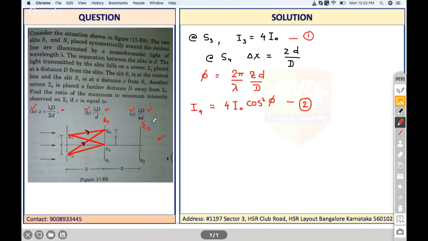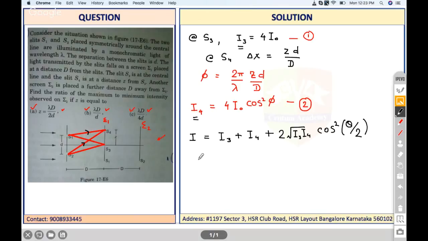But if it is not 0, then I have to use this formula: I equals I3 plus I4 plus 2 times the square root of I3 I4 cos theta, where let's say the further phase difference is theta. Now I3 and I4 you can get from here.